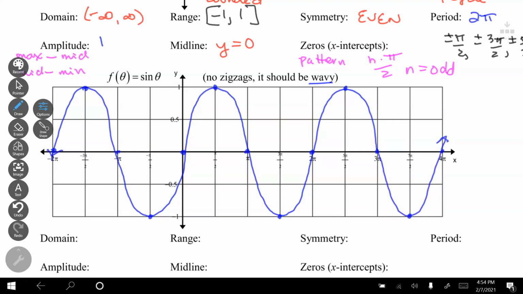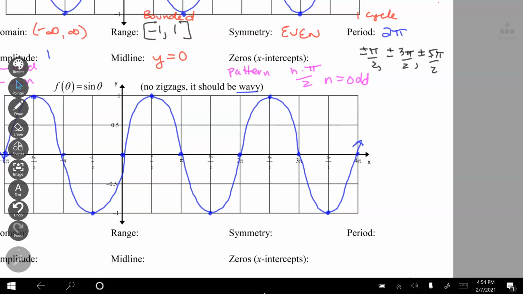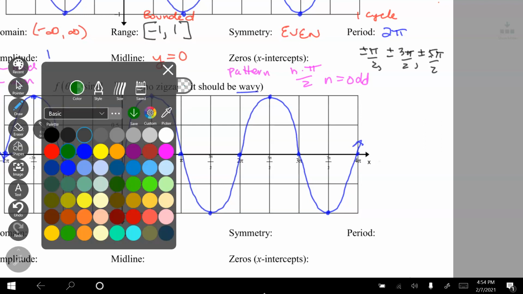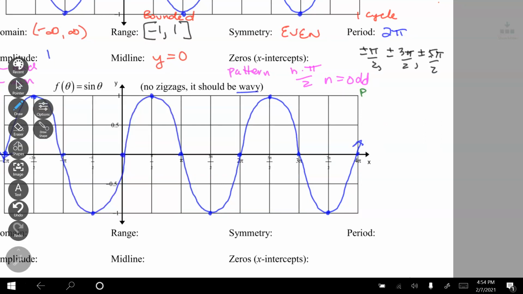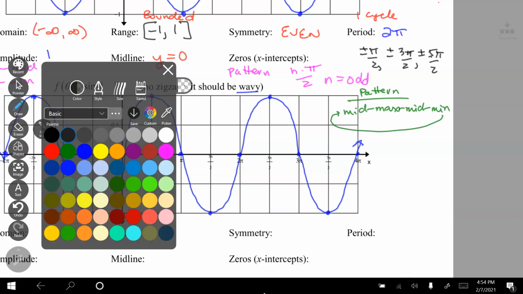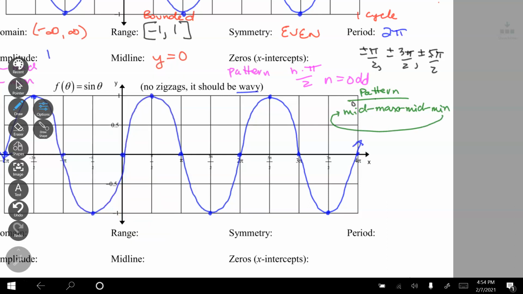So here's the graph of sine, and again I have this pattern that I see. It starts at the midline, goes to the max, goes back to the midline, and goes to the min, and starts all over again. If you want to put numbers to it, it goes from 0 to 1, back to 0, down to -1, and repeats over and over again.